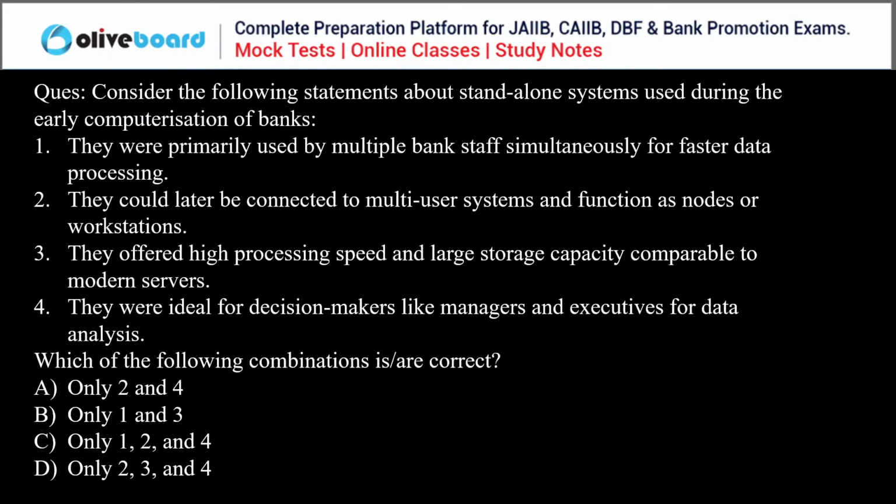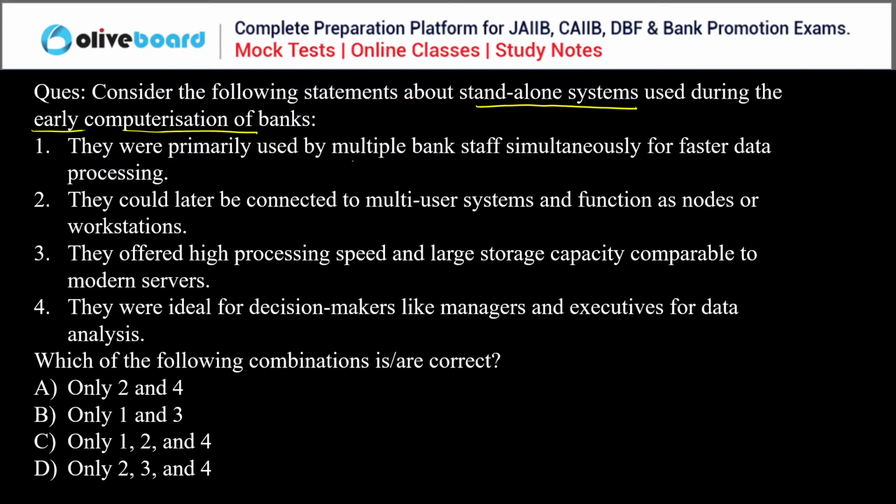Now see this question. Consider the following statements about the standalone system during the early computerization of the bank. Standalone computers were primarily used by multiple bank staff simultaneously for faster data processing.